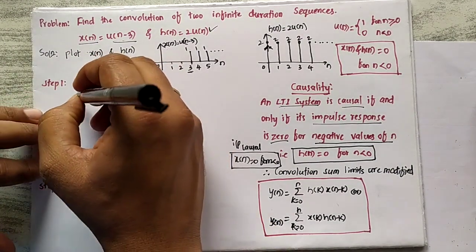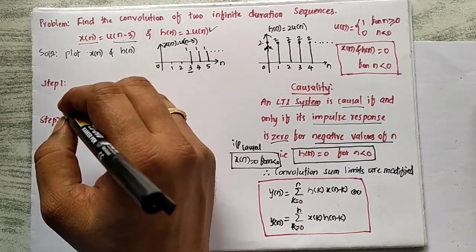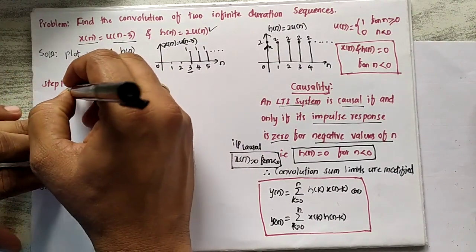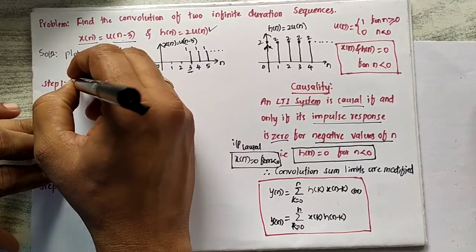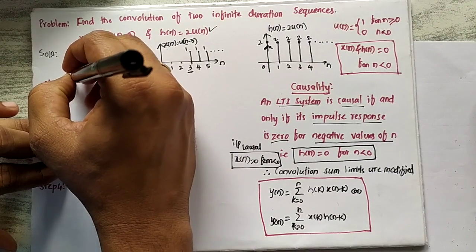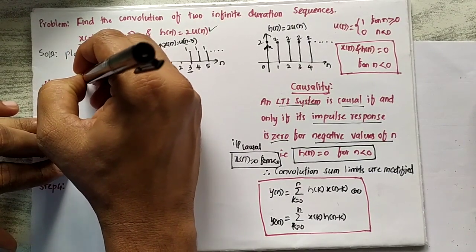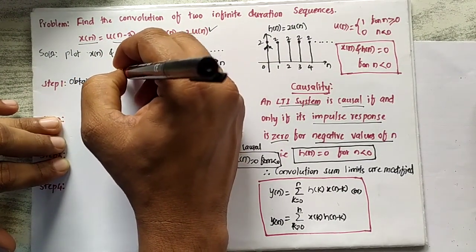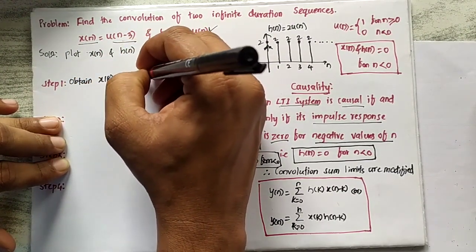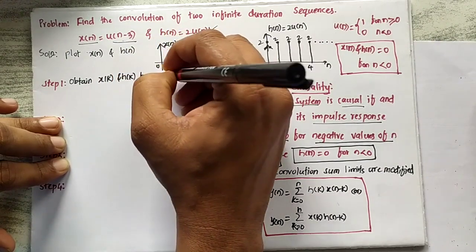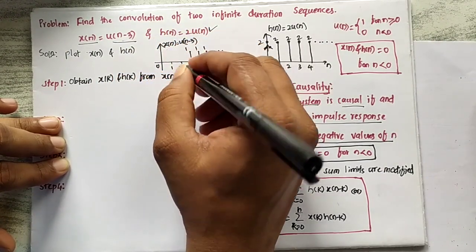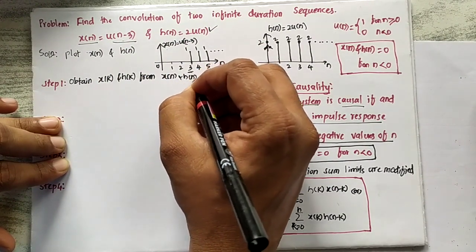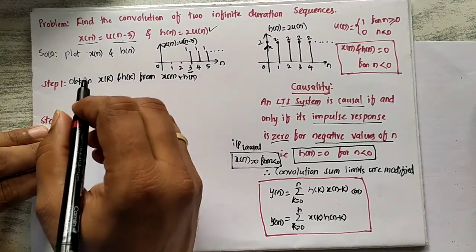So I will write directly here: obtain x of k and h of k from x of n and h of n.